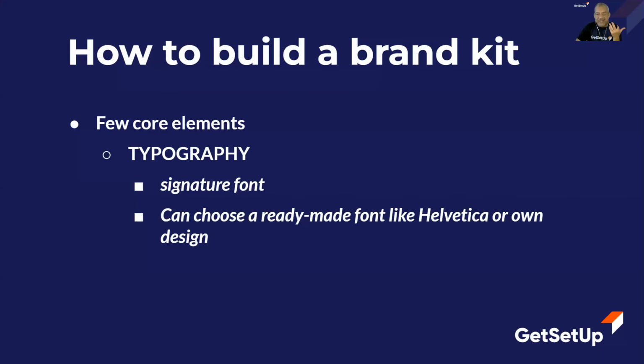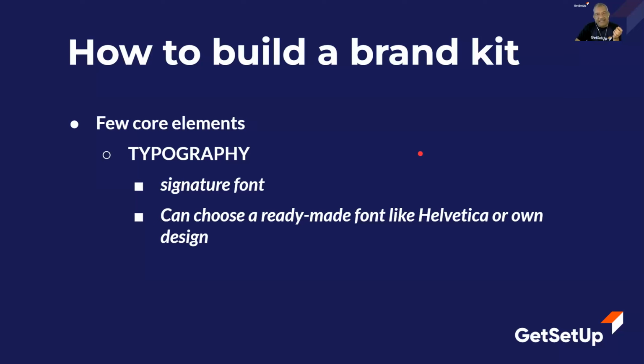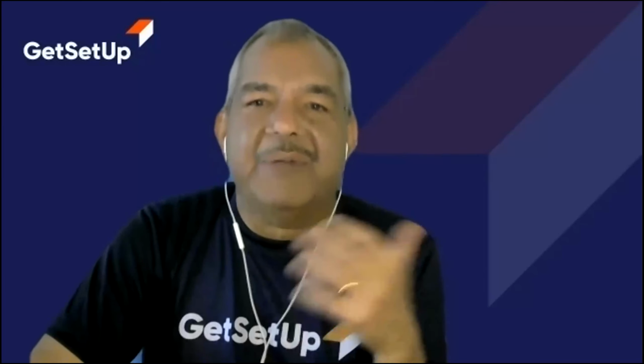And besides that, we can create something of our own also. When we create our own fonts, we need to share it, and we need to ensure its protection and its usage by all the people who are going to be using our brand.